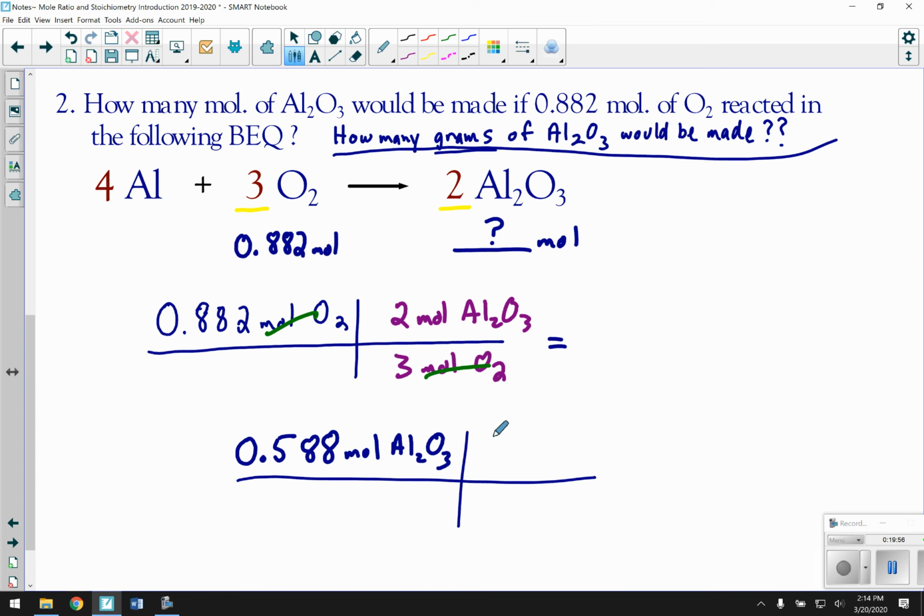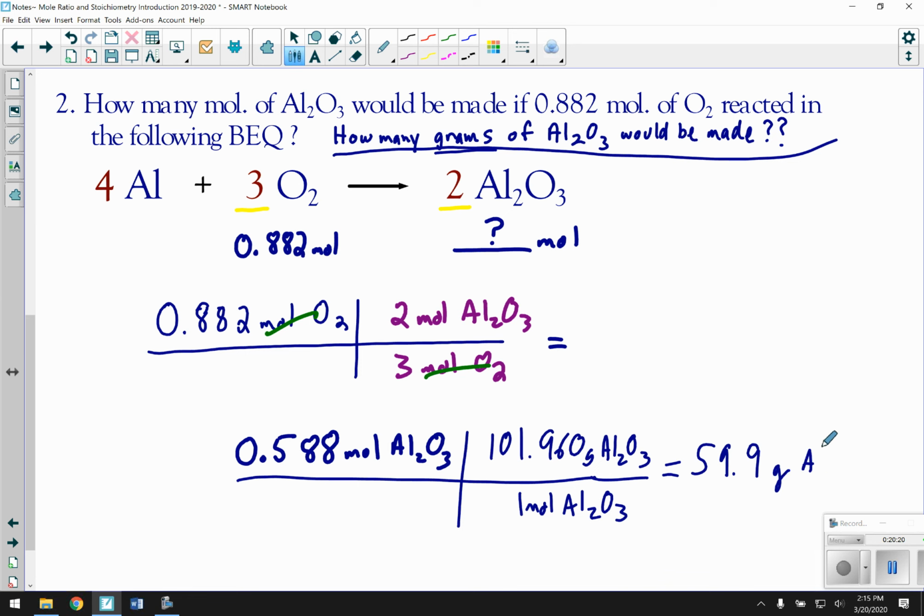The molar mass of Al2O3, 2 aluminums, 3 oxygens, is 101.960 grams of Al2O3 per 1 mole of Al2O3. When I complete the math, I get 59.9 grams of Al2O3.